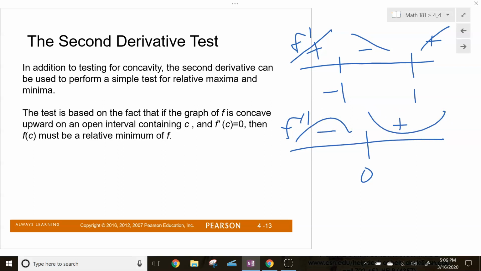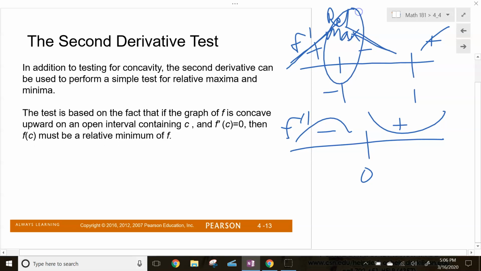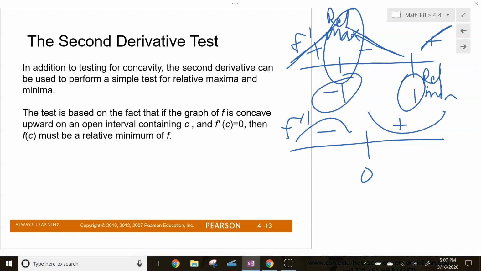The second derivative test is saying officially, we already know that if I increase and then decrease, as long as I'm defined here, I have a relative max. And then if we decrease and increase, it's already apparent that we're going to have a relative or local min as well. Well, the second derivative test is just telling us, if I know my critical points, I can just plug that into the second derivative.